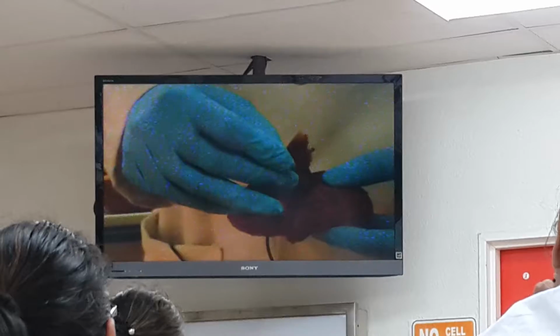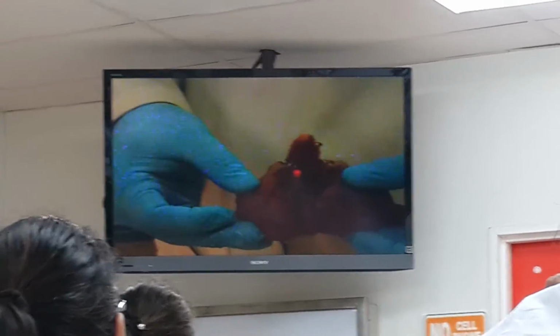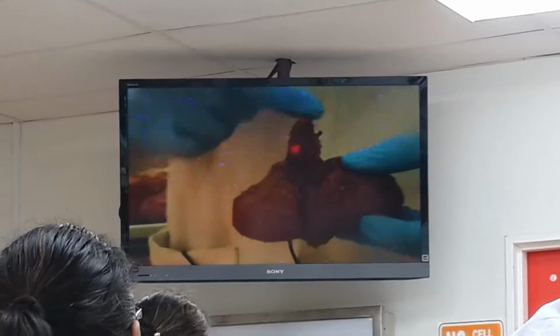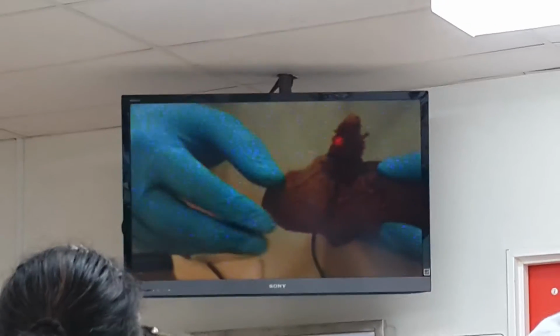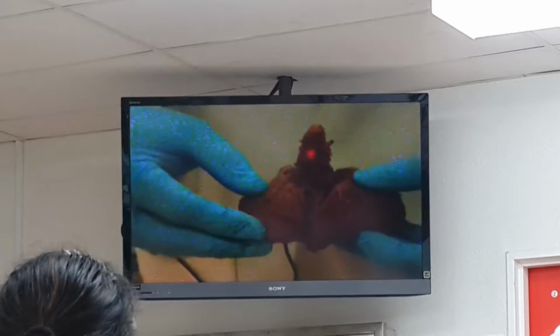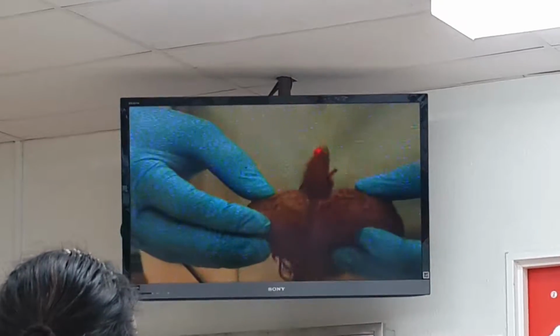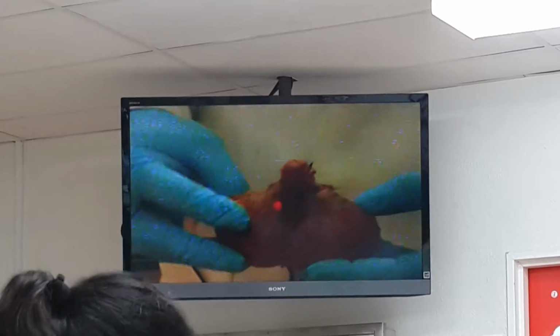This is the vermis. The vermis lies in a depressed area, and this depressed area is called the vallecula. This part of the vermis you are seeing here is the inferior vermis.